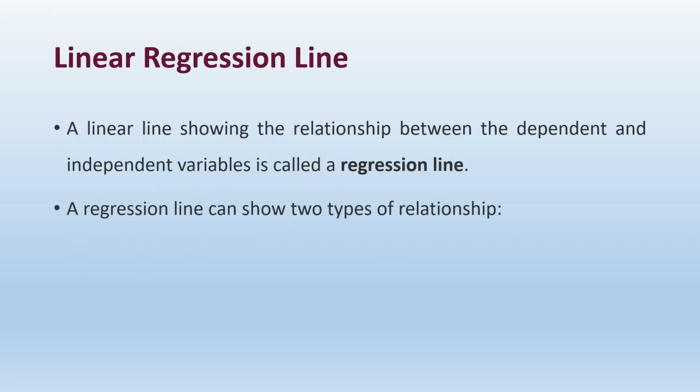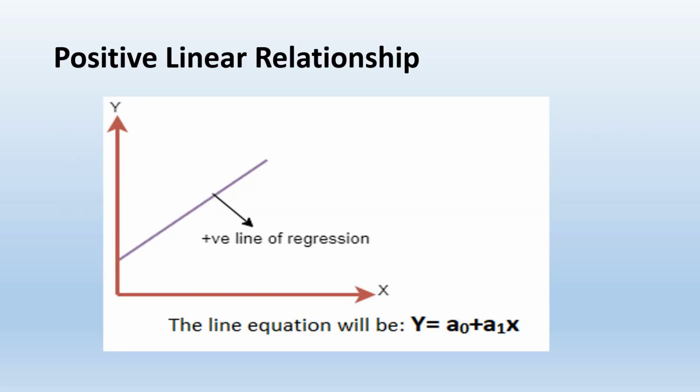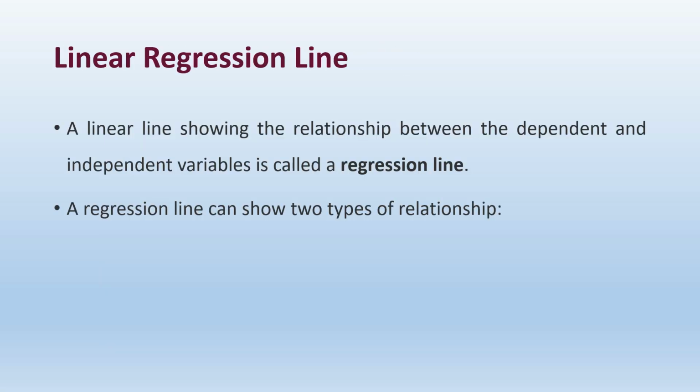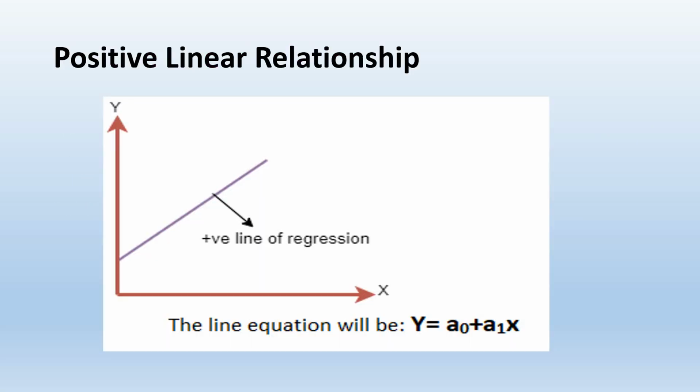Okay, so a regression line can normally show two types of relationship: positive and negative. What is a positive kind of relationship and what is a negative kind of relationship? In this diagram, it is showing the positive linear relationship. It is the positive line of regression, which is increasing. The equation of the line will be y equals a0 plus a1x.